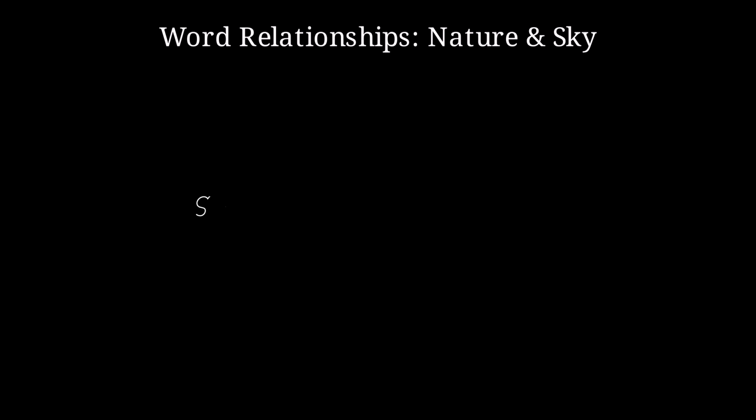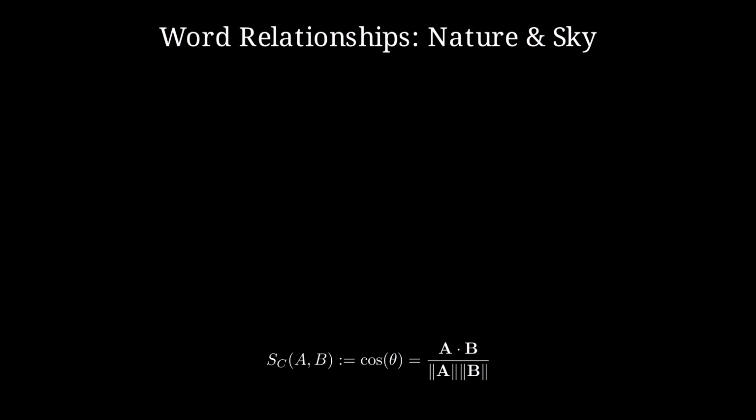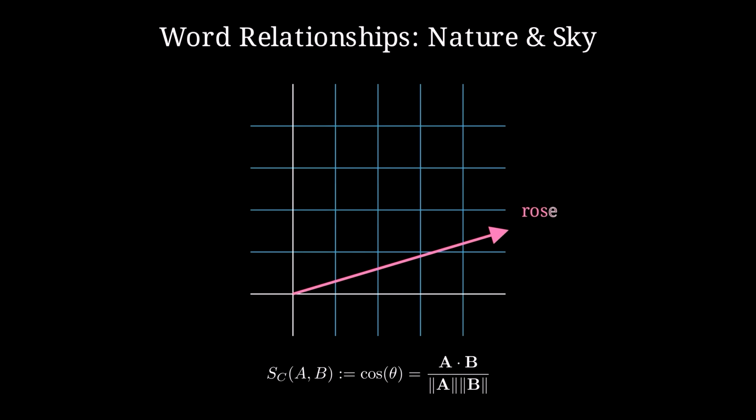One of the most important operations on vectors is finding distance, and one of the most popular ways to find distance between vectors is cosine distance. Now, here is a small demonstration of what cosine distance is. Cosine distance is a product of 2 vectors divided by the product of their powers. Now, imagine we have 3 objects: rose, sunflower, and sun.